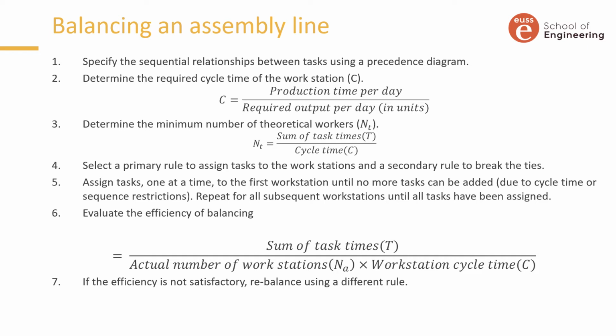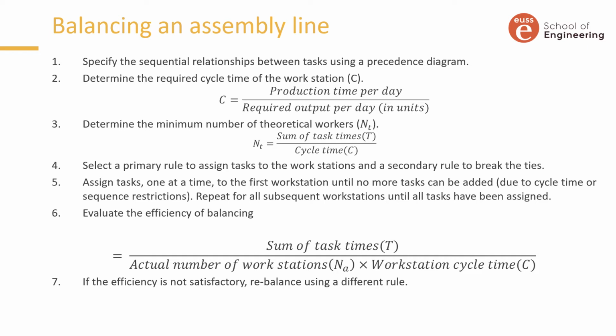So, when we are talking about assignment, we should define based on what rule, based on what decision we need to assign these tasks. So, in this case, as you see in point 4, we should detect and confirm 2 rules, primary rule and secondary rule.